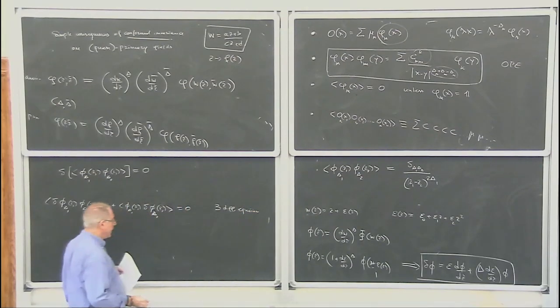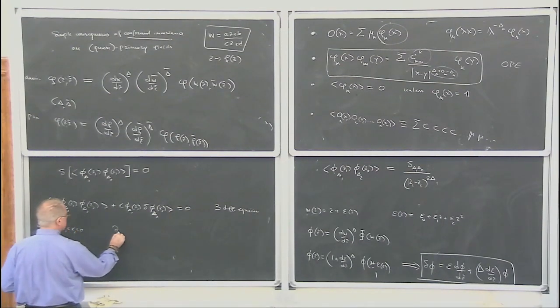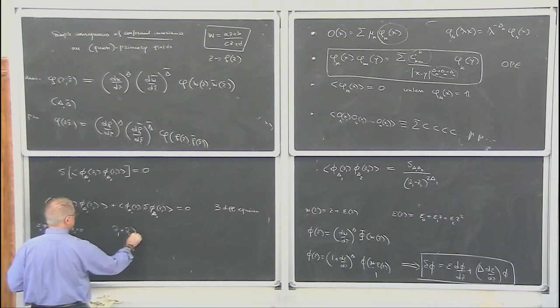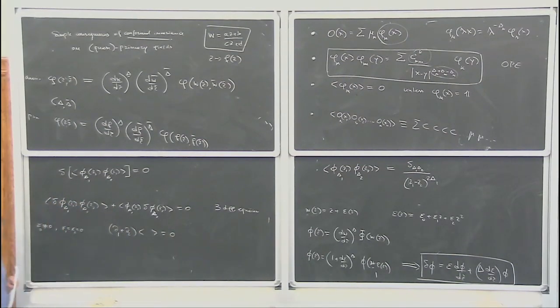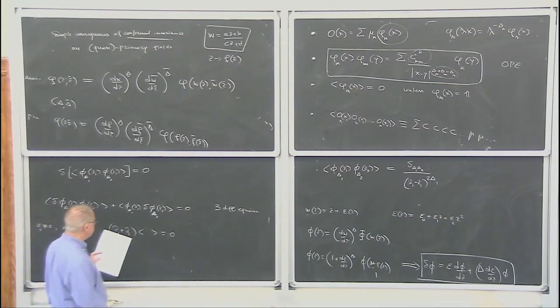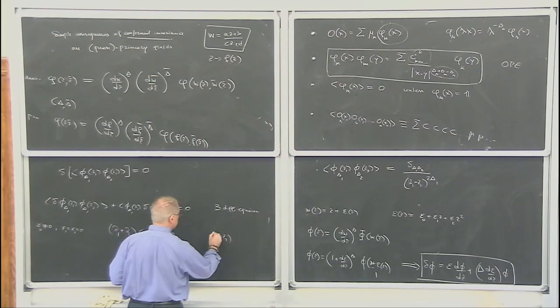So if epsilon 0 is the only one different from 0, what I have is that delta 1 plus delta 2 applied to the correlation function has to be 0. So this means that the correlation function can only depend on the difference.